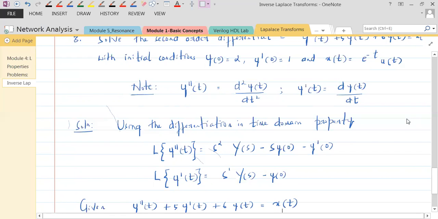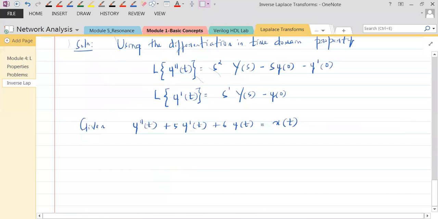So substituting x of t equal to e power minus t, let's say u of t, but we shall not consider it because it is a function of t.